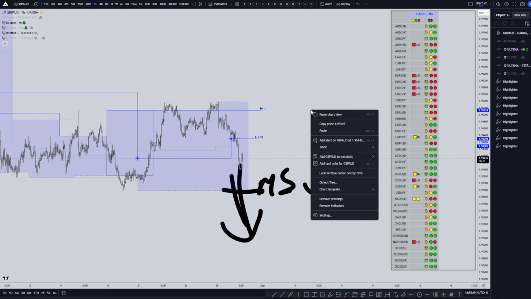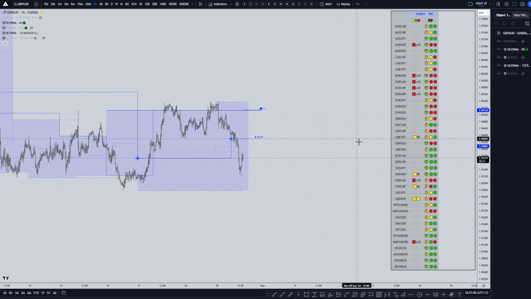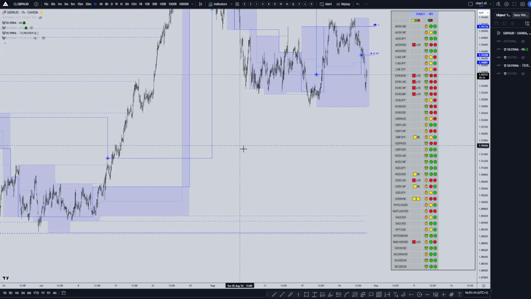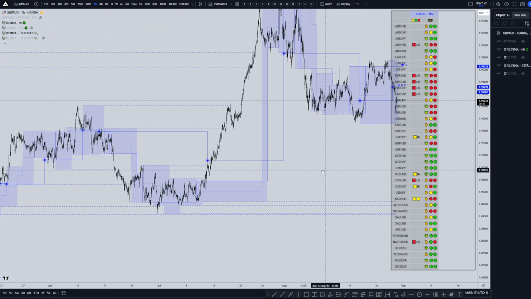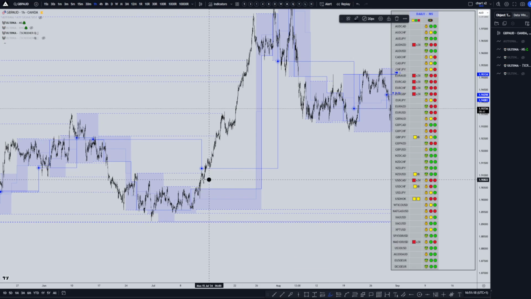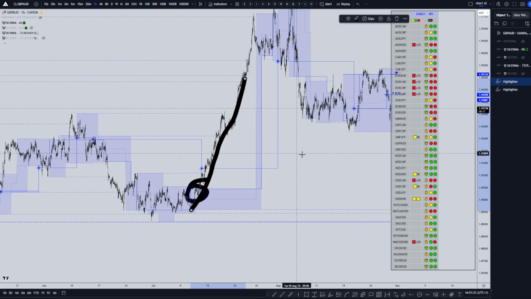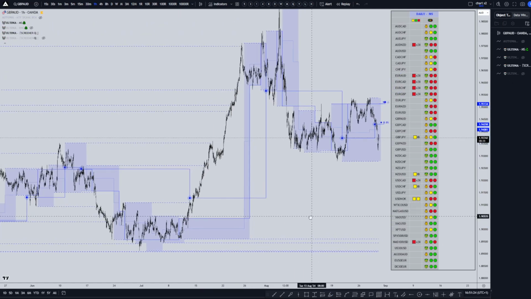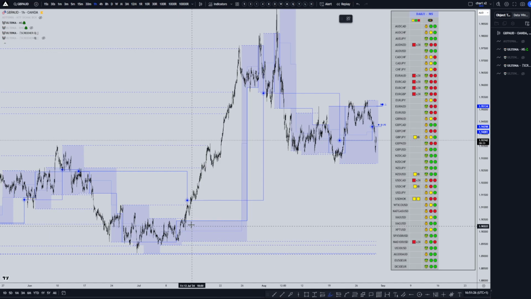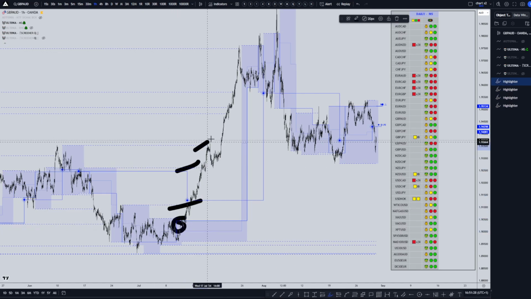So let's see an example where we have a bullish trend but an accumulation phase. What does it mean? We establish a bullish break like here, and what's the market structure's job? Establish the trend and hit liquidity.